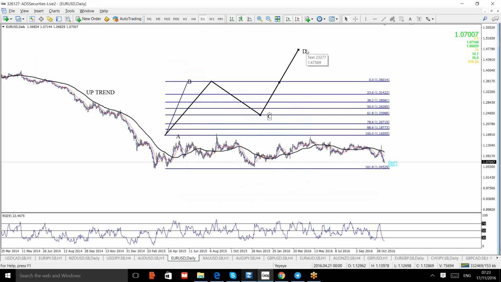This move to the upside is called what? C to D, guys. Everyone understand? Guys, remember, A to B is your leg. B to C is the retracement of that leg. And then C to D is the move to the upside, which we call expansion. C to D is what? Extension of the leg B to C, guys. Yes.